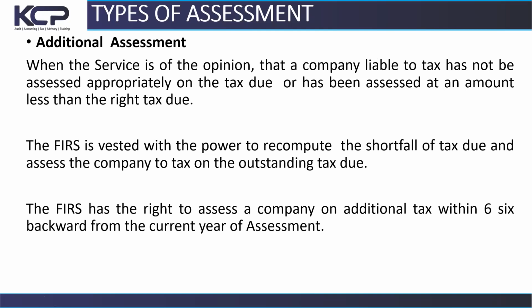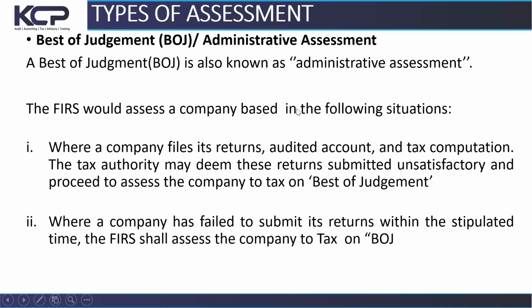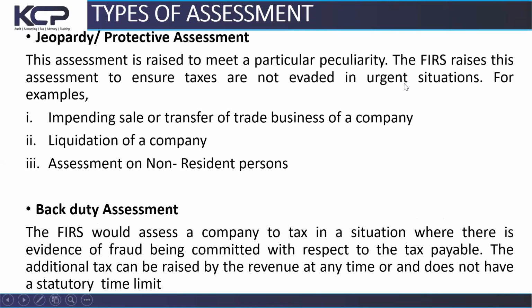Additional assessment could arise from DEX review assessment or even from tax audit, as the case may be. The one relating to tax audit is what I call the best of judgment or administrative assessment, right? The tax office looks at what you have and is not satisfied. They could raise an assessment in the form of DEX review. If they are still not satisfied after your response, they can recommend the taxpayer for a tax audit.